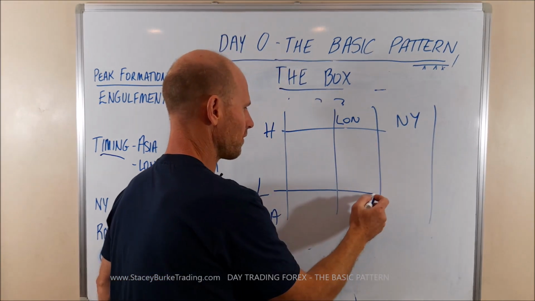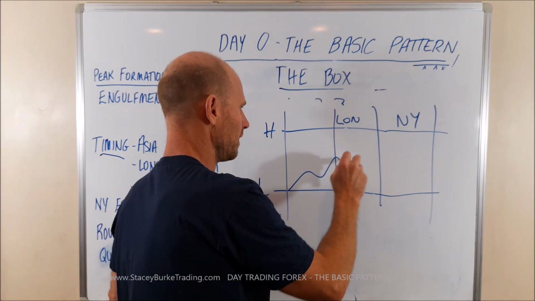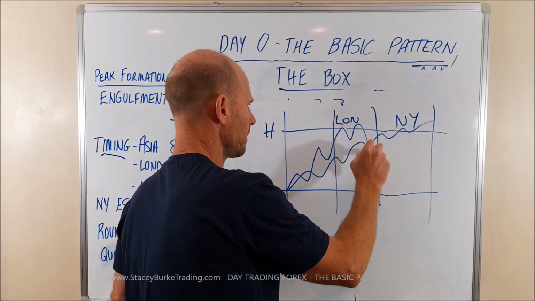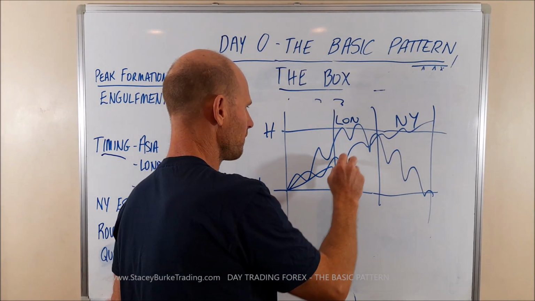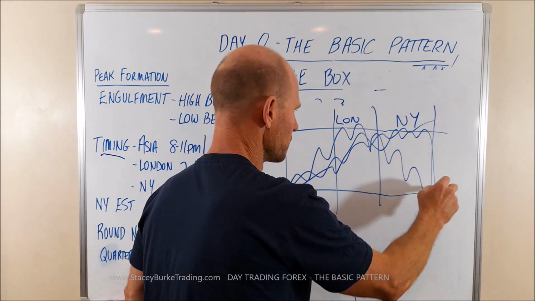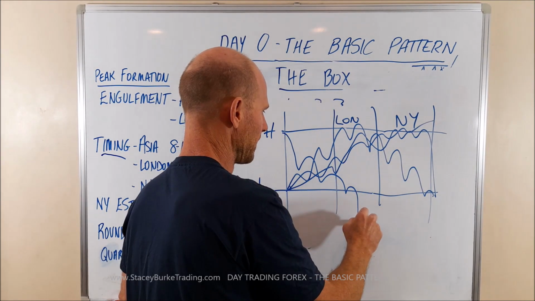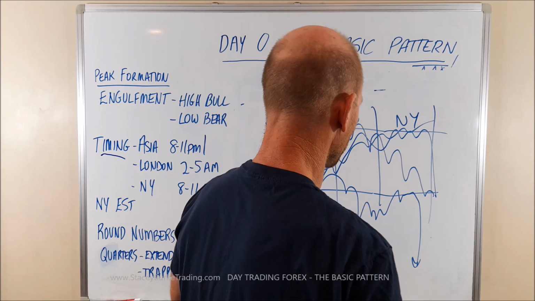So over the course of our 3 sessions, we're either going to have a trend, or we're going to go up and reverse, or we could go up for 3 sessions and reverse in New York, or the same thing on the downside. London, New York, all those scenarios.